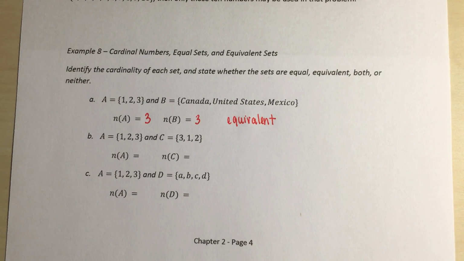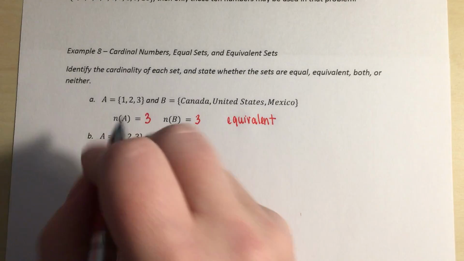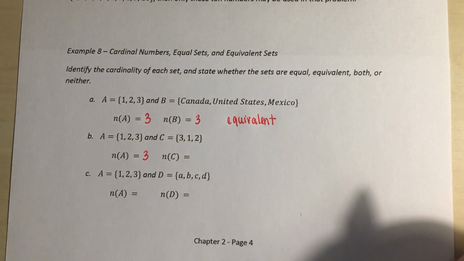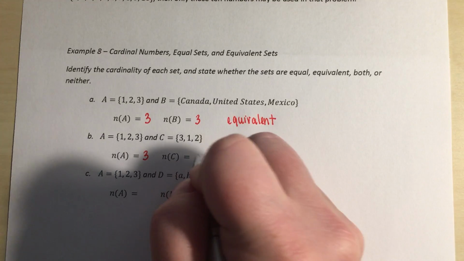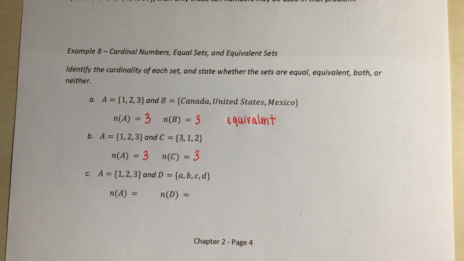All right, for B, set A is 1, 2, 3. We have 3 elements in set A. Set C is 3, 1, 2. We have 3 elements in set C. And if we compare these, notice that we have the exact same things in here. We just have them in a slightly different order. Right?